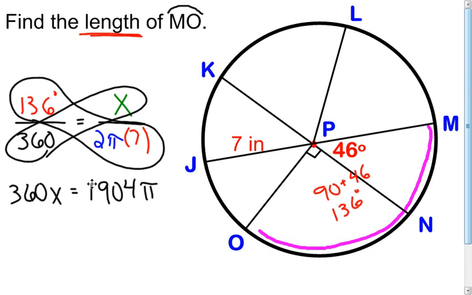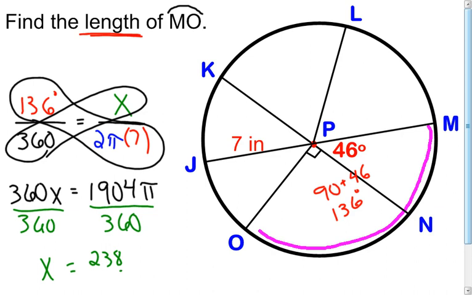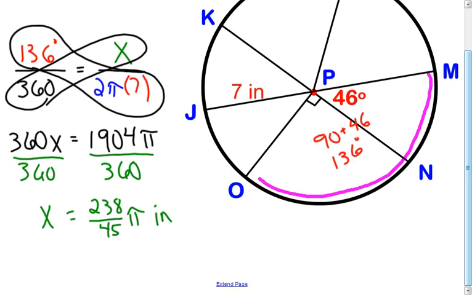I'm going to find the exact length to start, and then I'll show you the approximate after that. So the next thing to do would be to divide by 360 on both sides of my equation. And I find out that x is going to equal, now I've simplified this fraction, I'm going to come up with 238 over 45 pi, and that would be inches. So the exact length of my arc is right here as you see it.